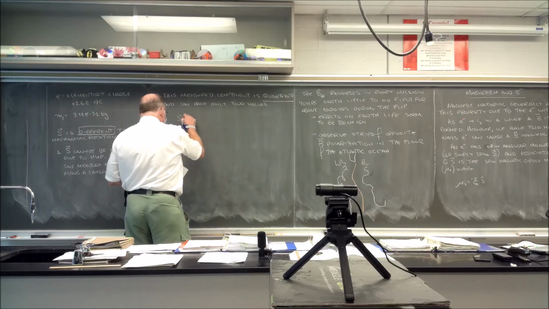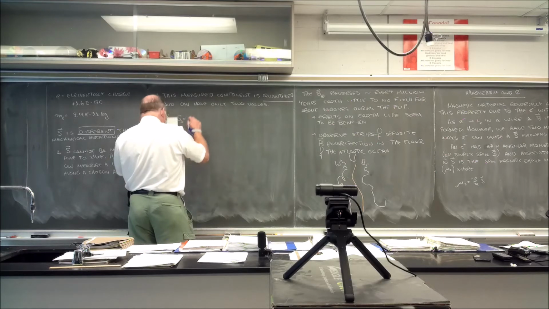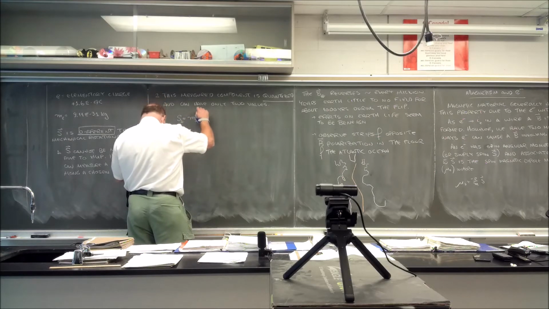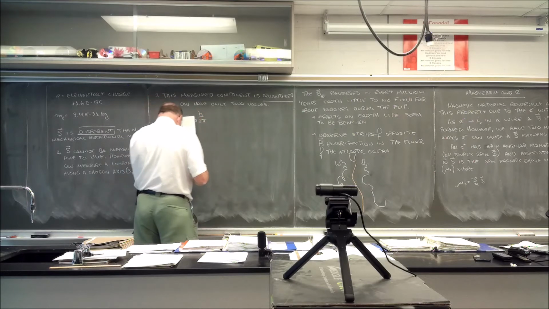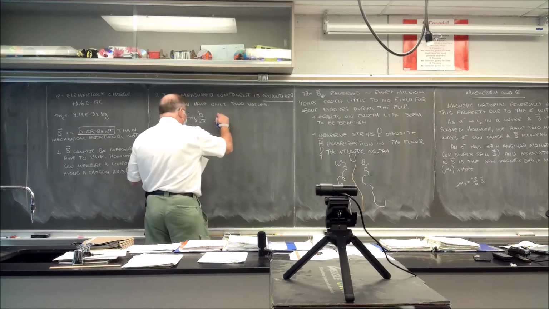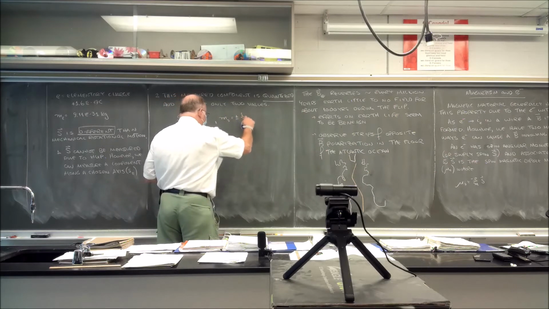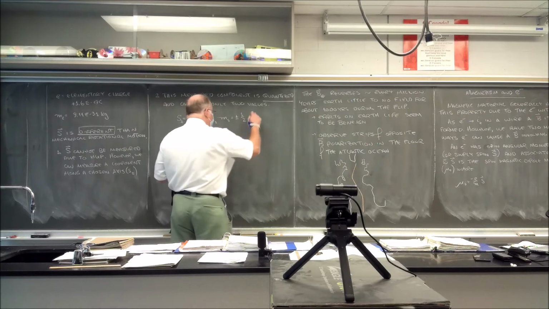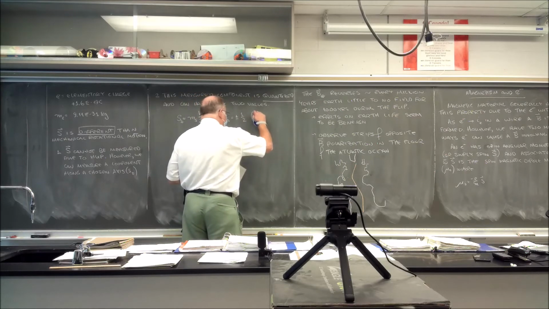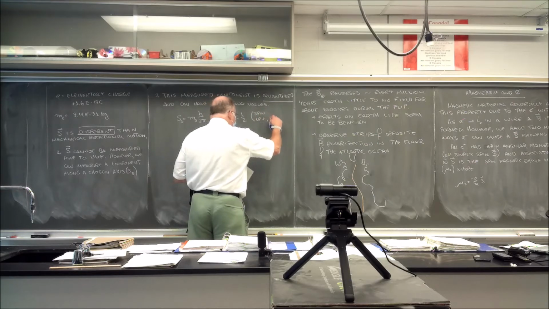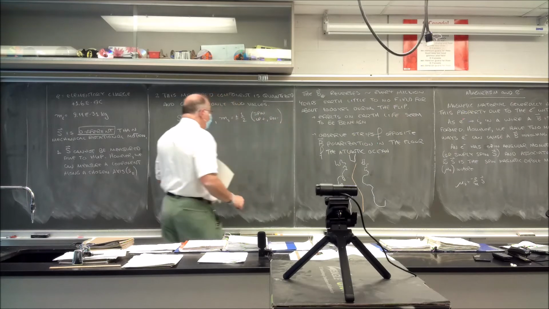So S sub Z then is equal to m_s h over 2 pi, and m_s is equal to plus or minus 1/2, or as often called, spin up or spin down. So up is the positive and down is the negative. You may hear that as well.